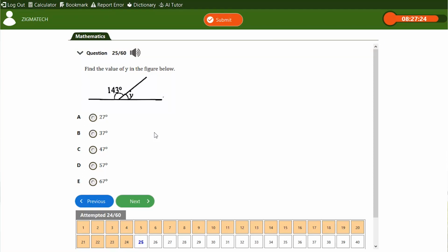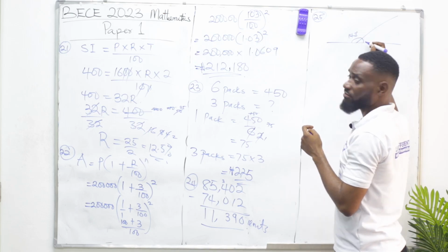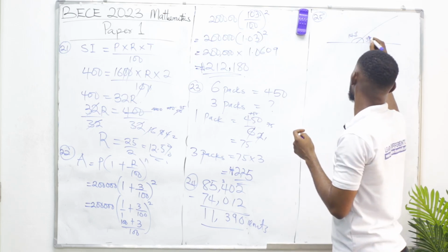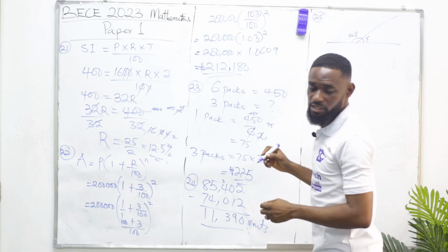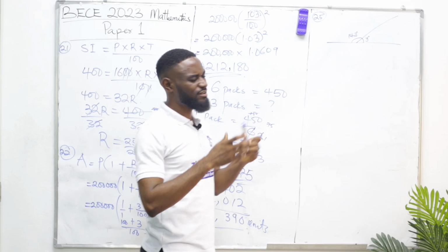All right, so we have this diagram. And we have here as 143 degrees, and we have here as y degrees. So the question is, what is the value of y?